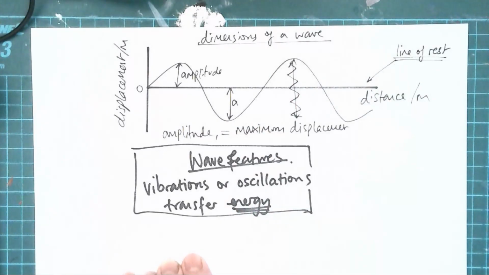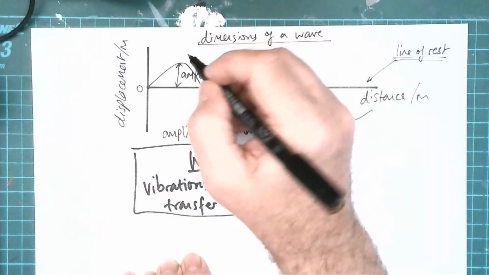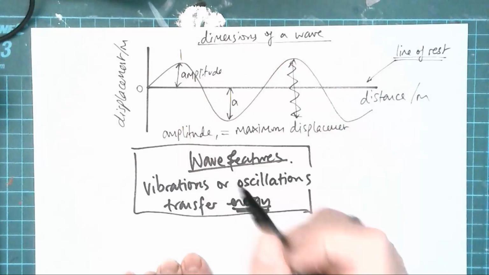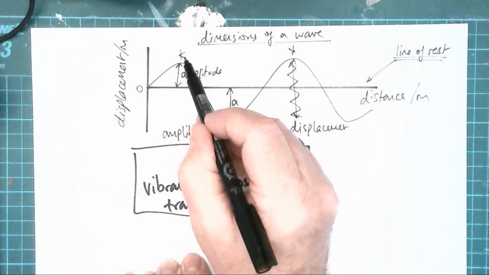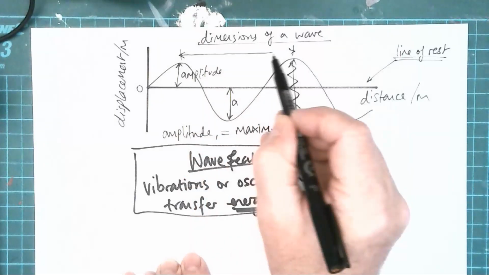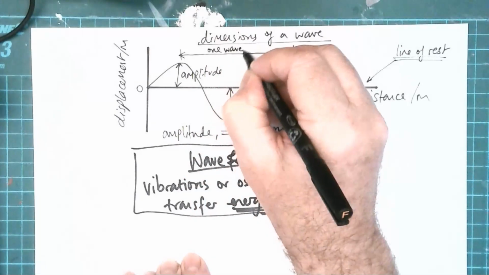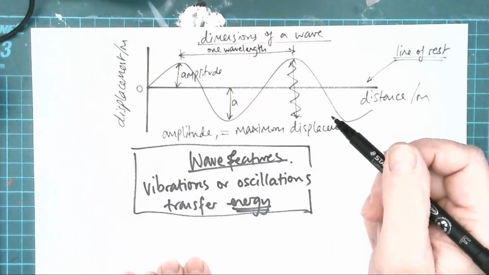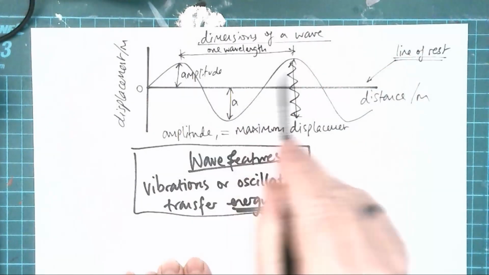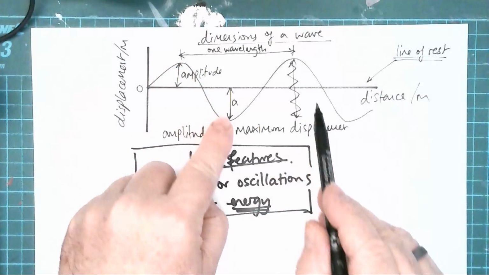Now, in terms of how far along a wave we can be, we can think about the length of one wave, and that's going to be measured from like point to like point, similar point to similar point. Okay, so that would be one wavelength. The clue is in the name. This is the length of one wave. I can measure it from peak to peak, or I can measure it trough to trough.